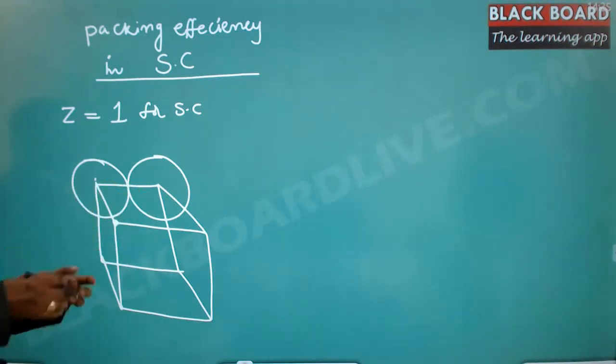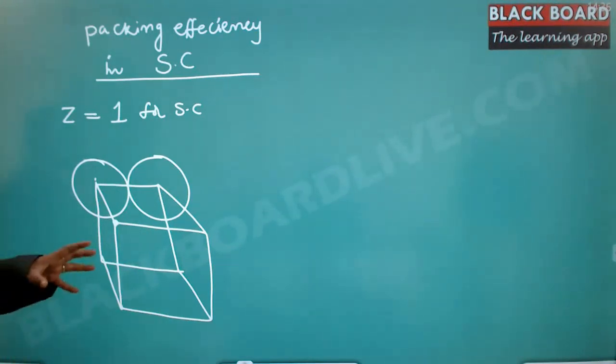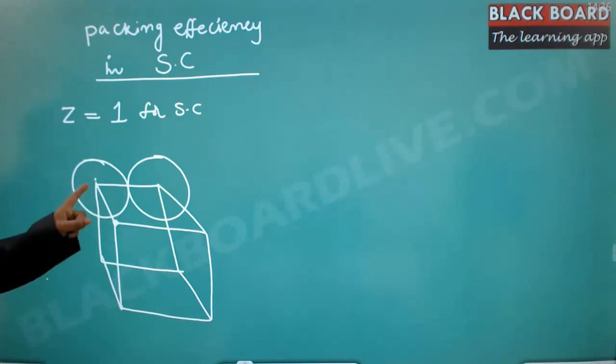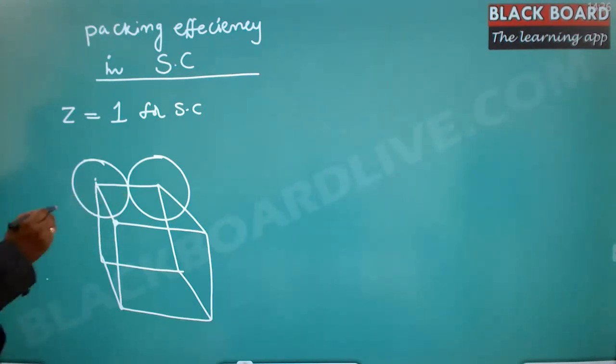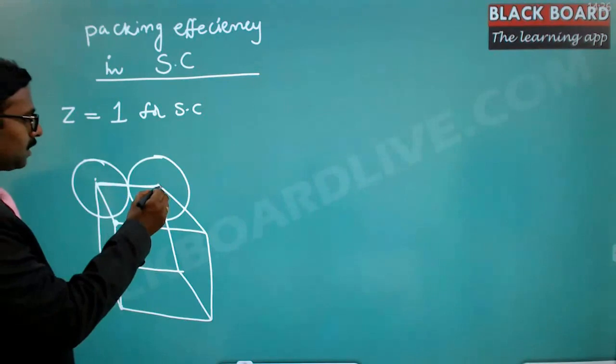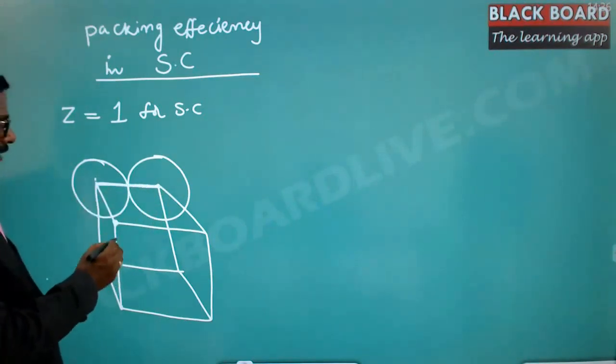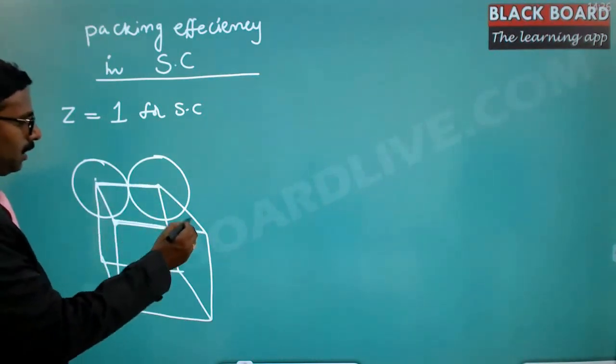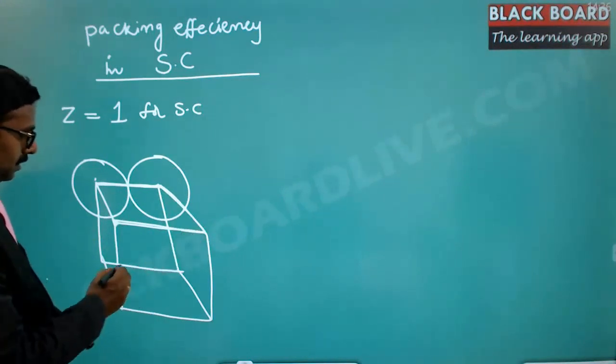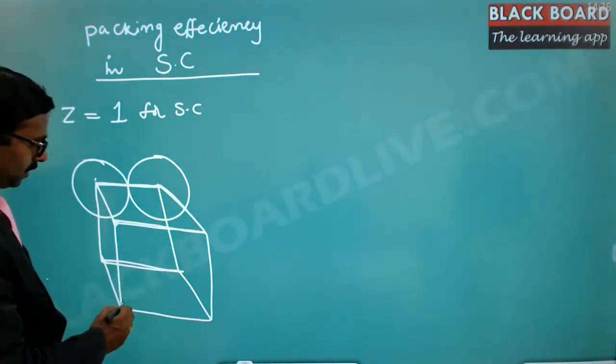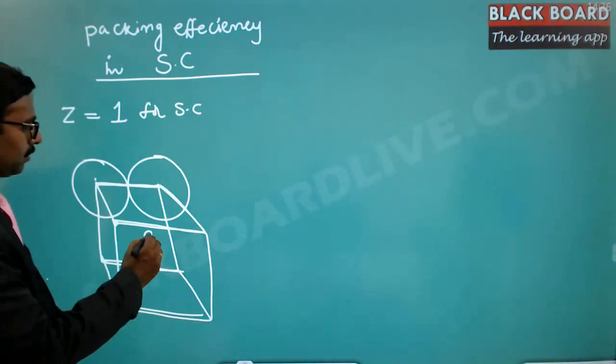If you write all 8 atoms, it becomes tough. So for simplicity, we represent 2 atoms. It is the length of the unit cell called edge length. In a cube, all edge lengths are equal. So it is say A.